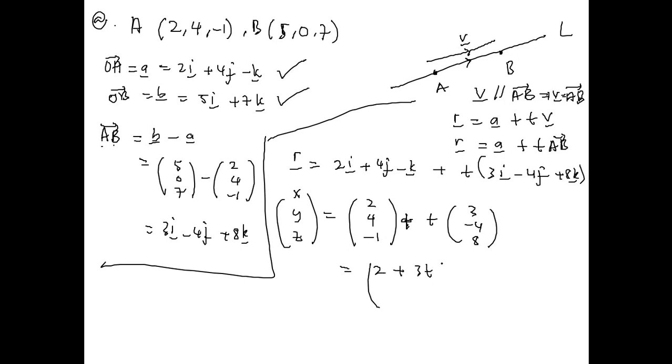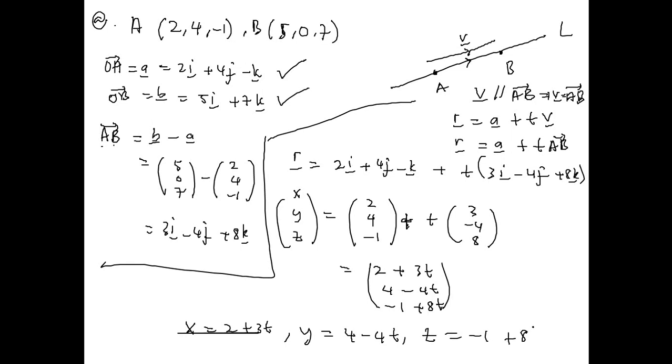Component j: 4 minus 4t. Component k: negative 1 plus 8t. So in parametric form, x is equal to 2 plus 3t, y is equal to 4 minus 4t, z is equal to -1 plus 8t. Okay, done for this part.